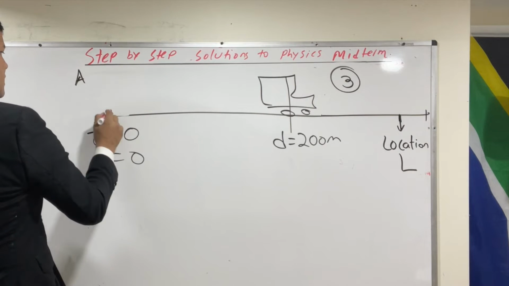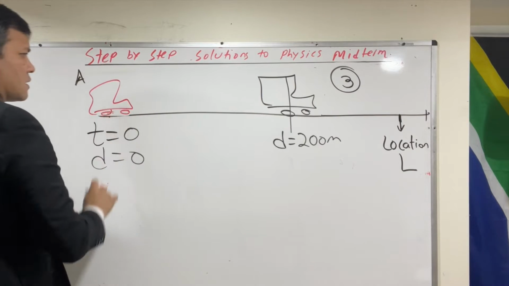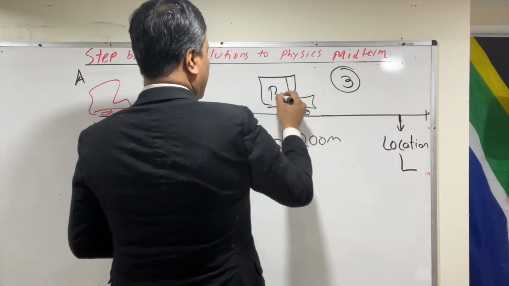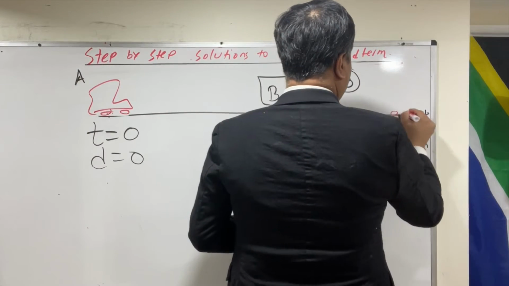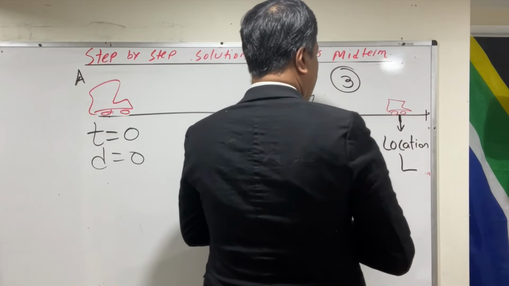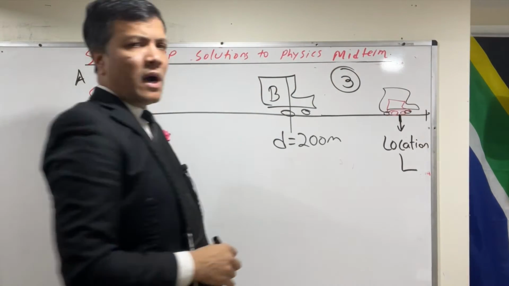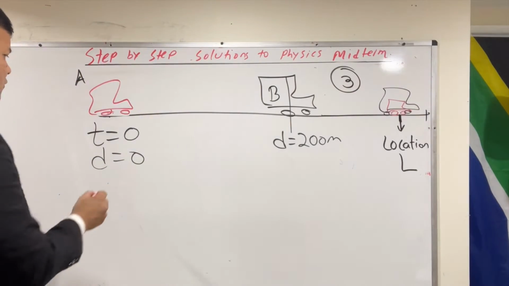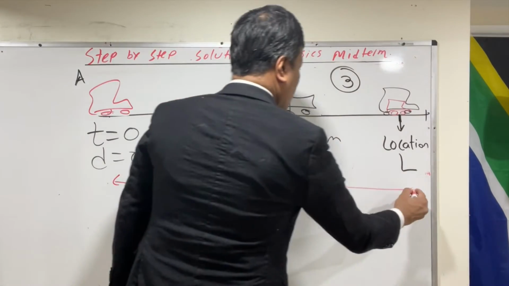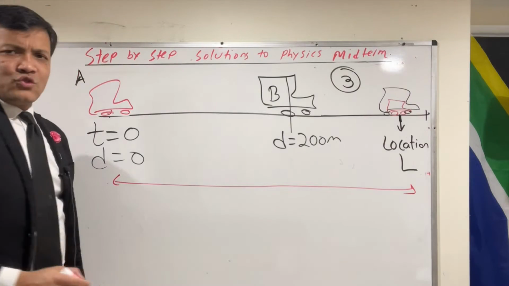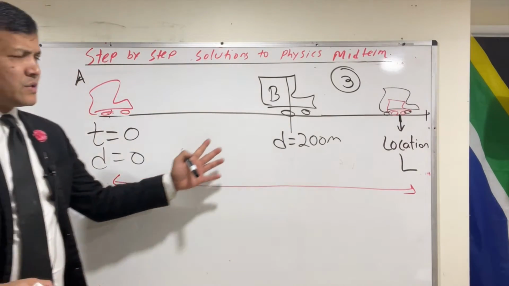The red car and the black car, this is car B, red and black, they both meet at this location. All right, what we want to know, how far this one has to move so that it meets with the car B.